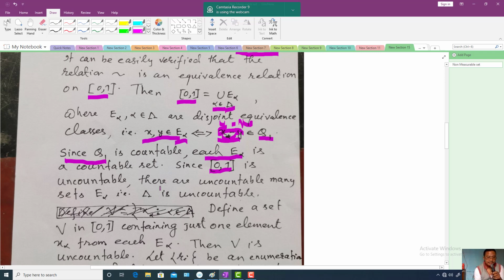So there are uncountably many such E alpha. That means this index set is uncountable. So what is the point? E alpha is countable, but the number of such sets is uncountable. There are uncountably many E alphas.